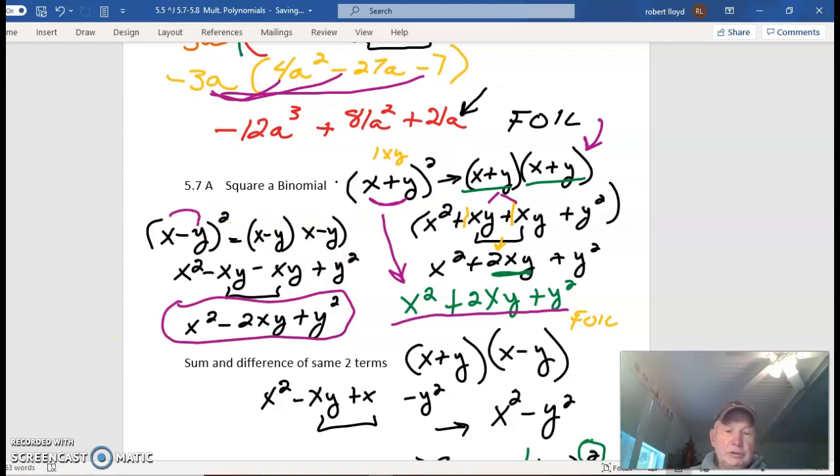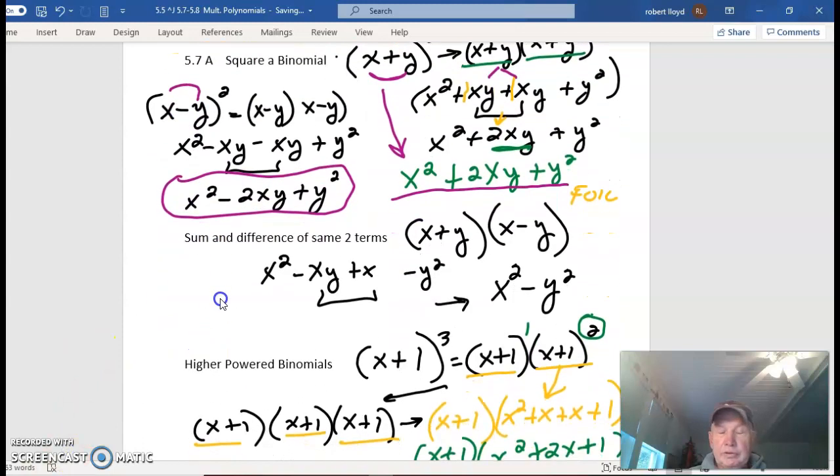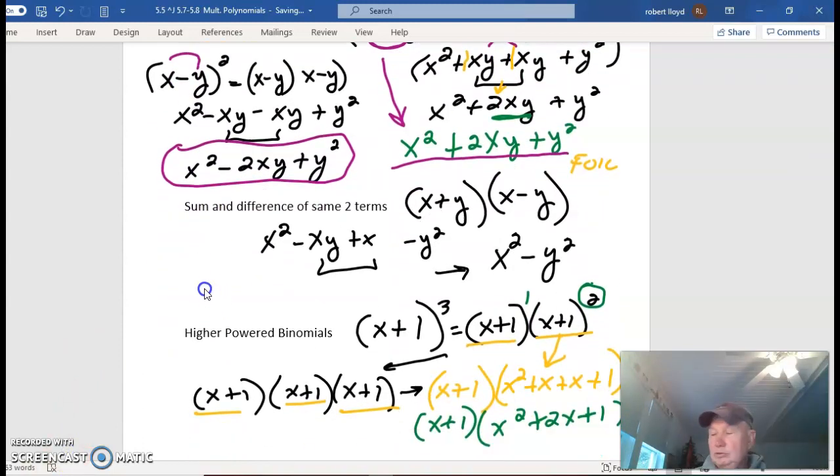Another unique situation is the sum and difference of the same two terms. So if we have x plus y times x minus y, the x and the y are the same. The only difference is one has a positive and one has a negative between them.